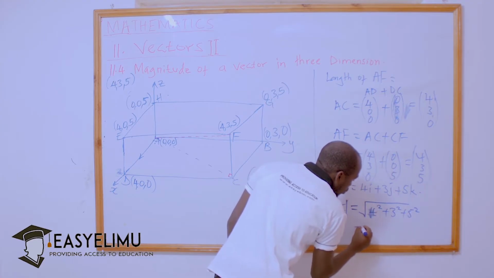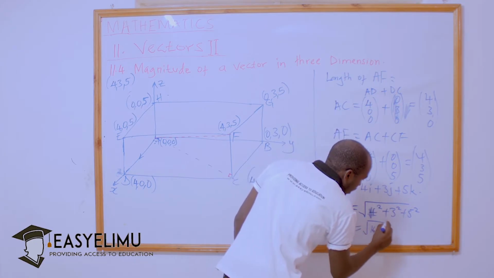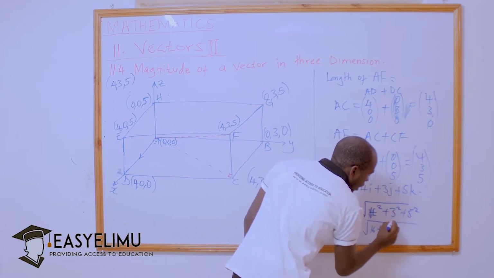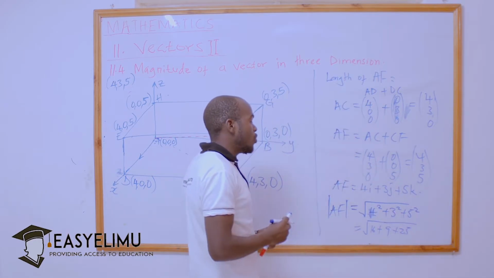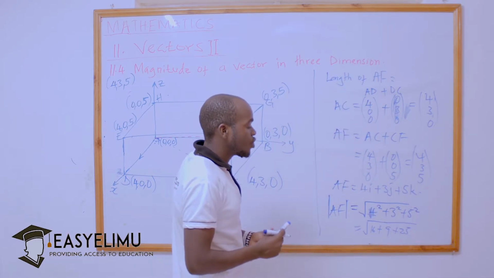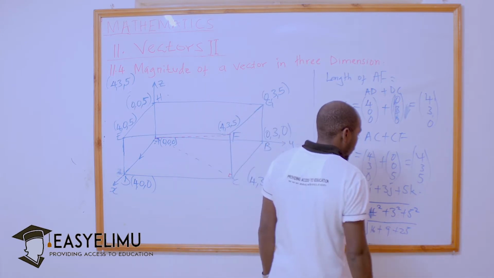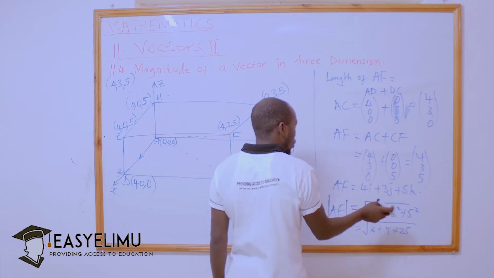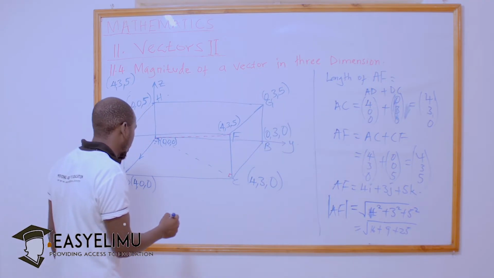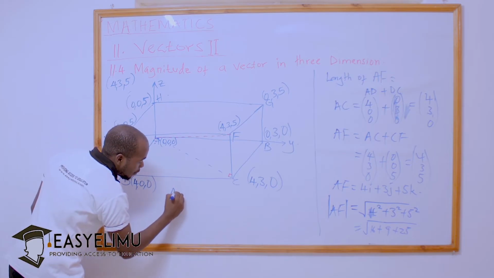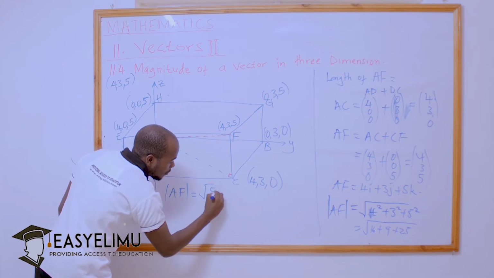This is the square root of 16 plus 9 plus 25. If you do that, that is going to give you 50. So you are going to get the square root of 50. So AF modulus we are getting as the square root of 50.